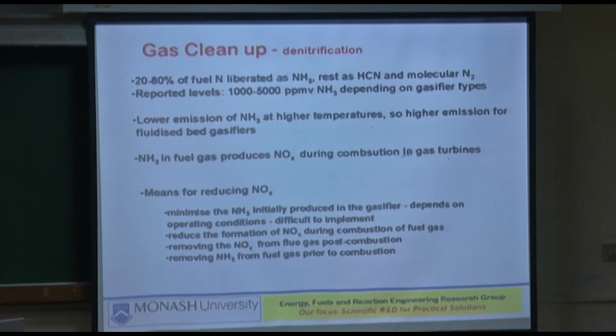from gasification. Depending on how nitrogen is bonded to the coal, mostly it goes to ammonia, the rest goes to hydrogen cyanide, and very little goes as molecular nitrogen. If all of it went as molecular nitrogen, that would have been good, but that's not the case.